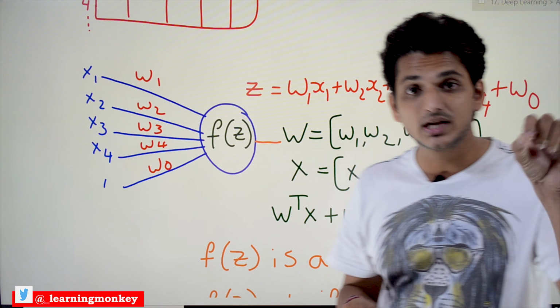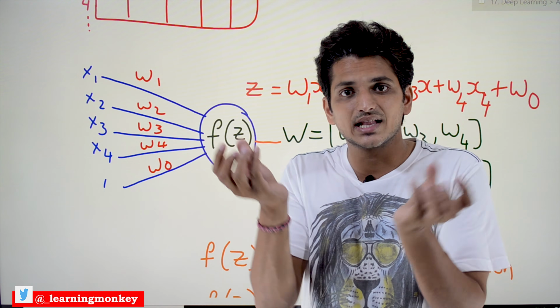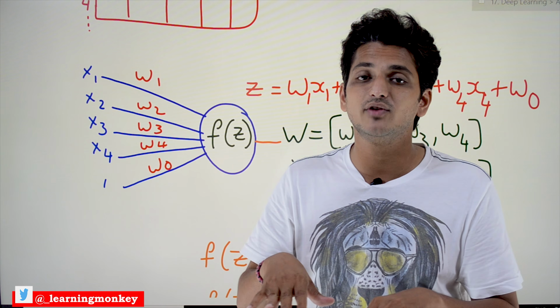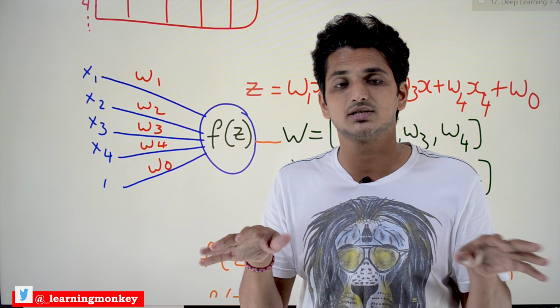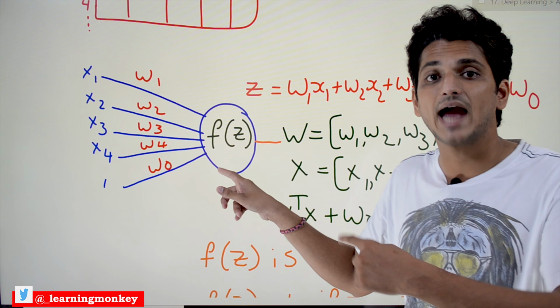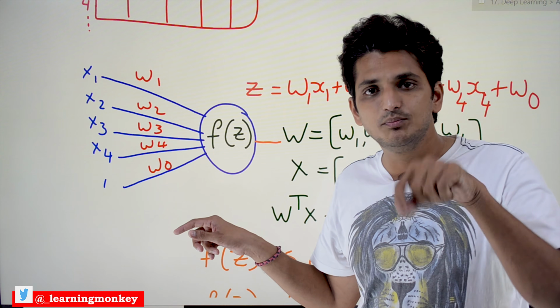In our last class we discussed that neurons get inputs from different dendrites and the neuron may or may not be activated based on the input it got from the different input sources, meaning dendrites. The same way our perceptron will get activated or may not be activated based on the input value.